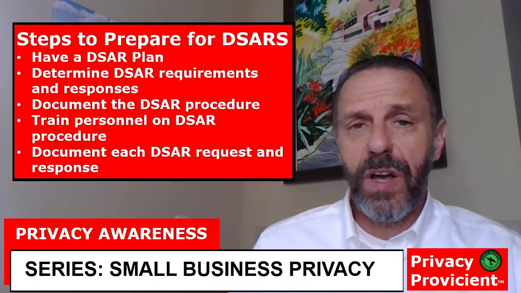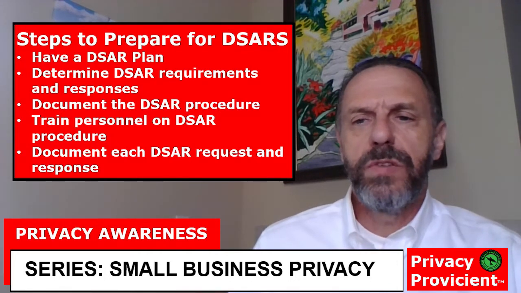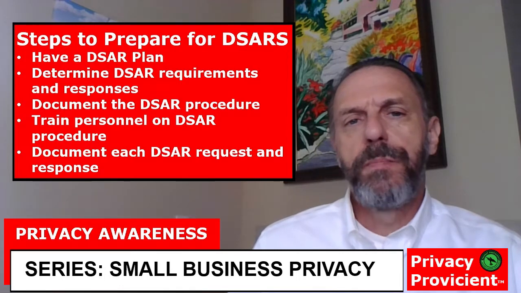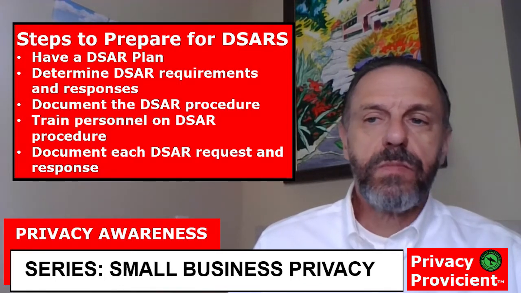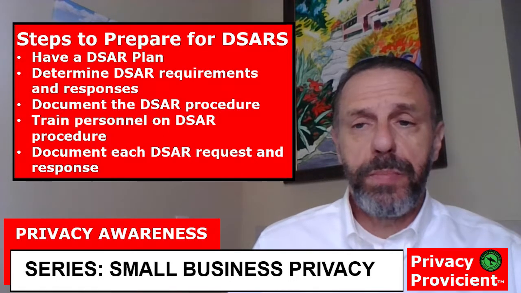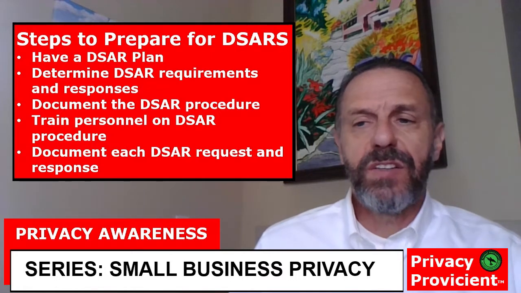Work with privacy counsel to determine the regulatory and legal requirements that are necessary. 3, document the data access procedure. 4, train the appropriate personnel. And 5, document each data access request and response.